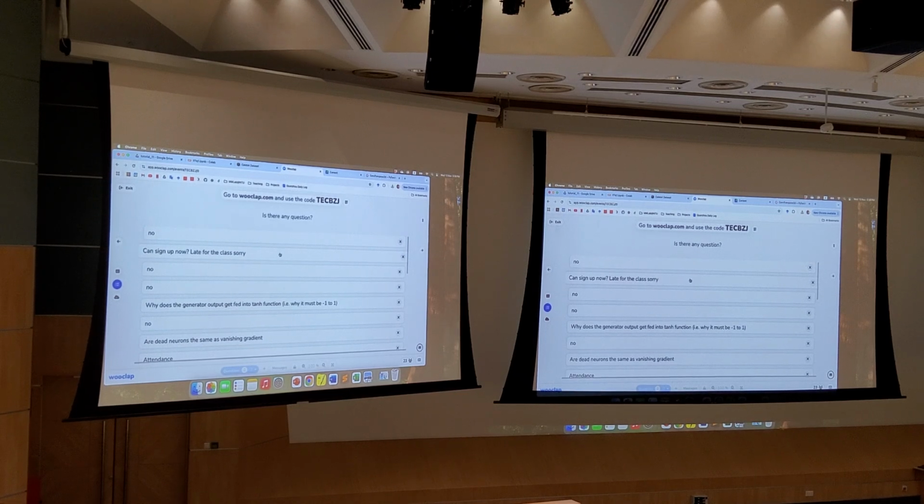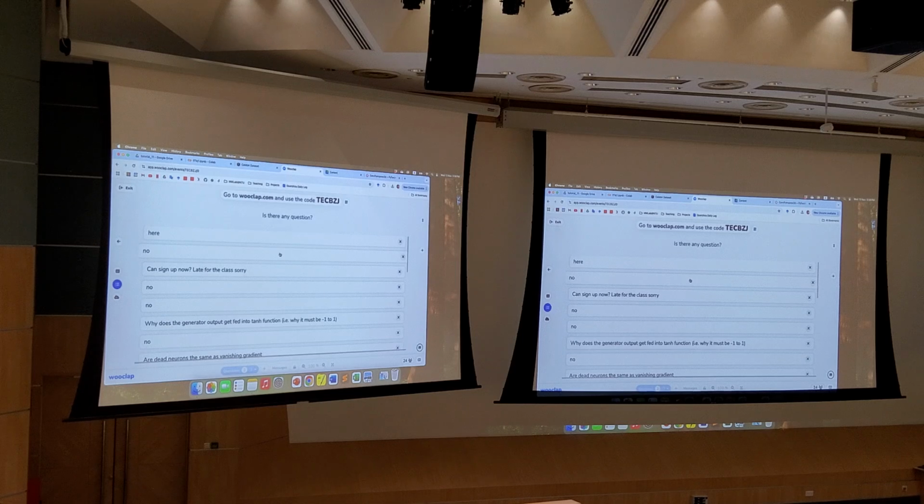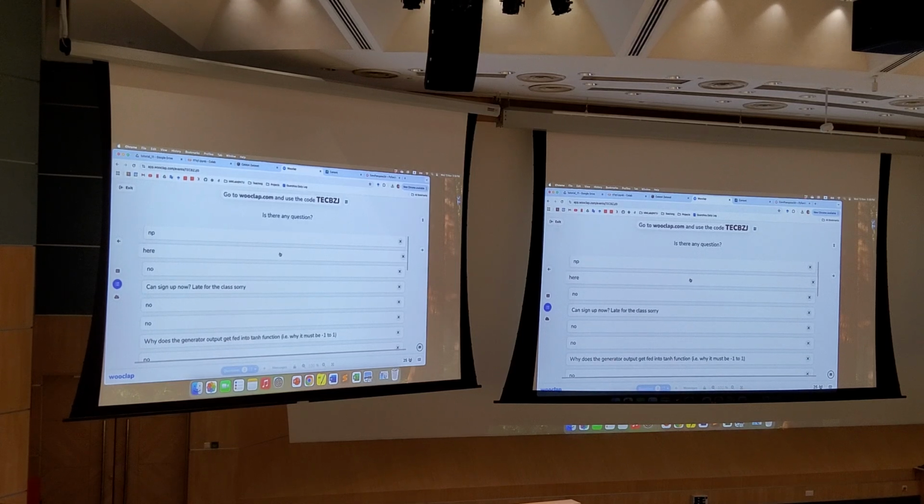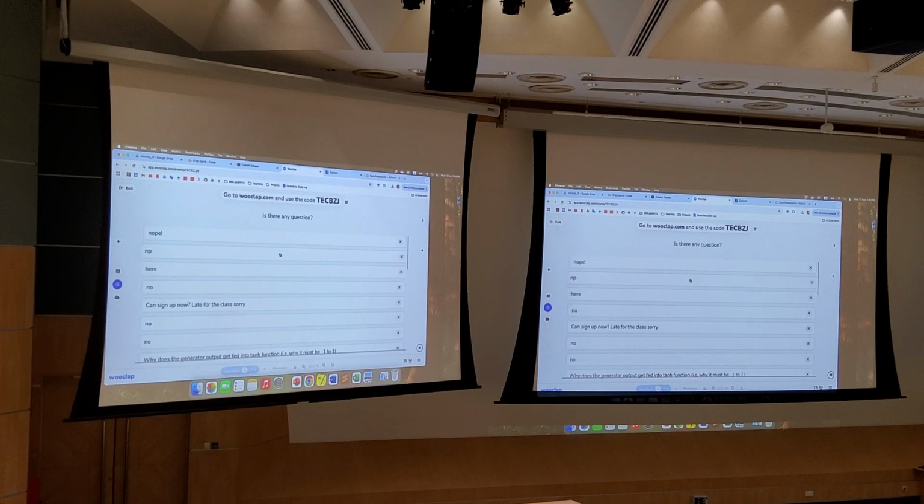For dead neurons, the network is not experiencing vanishing gradients overall, but just a selected set of neurons that are dead. They cannot be updated anymore. Not the whole layer. It's more of a local issue.